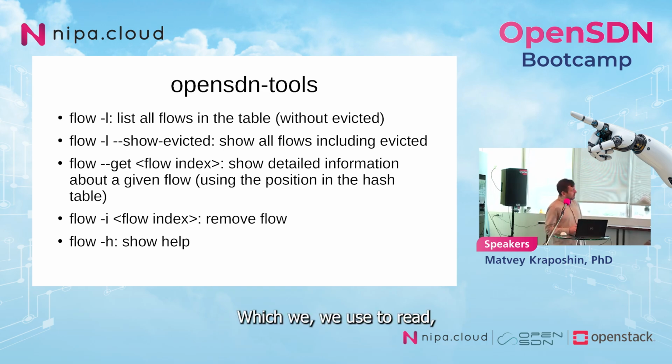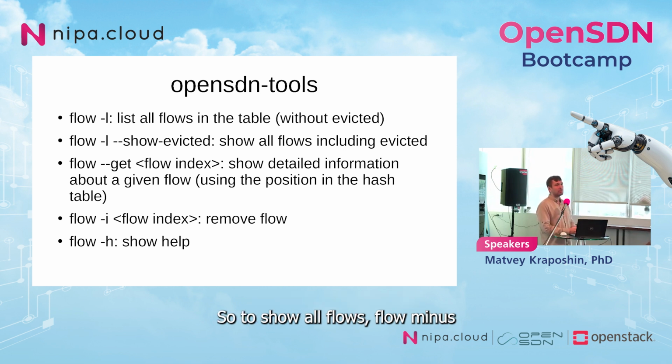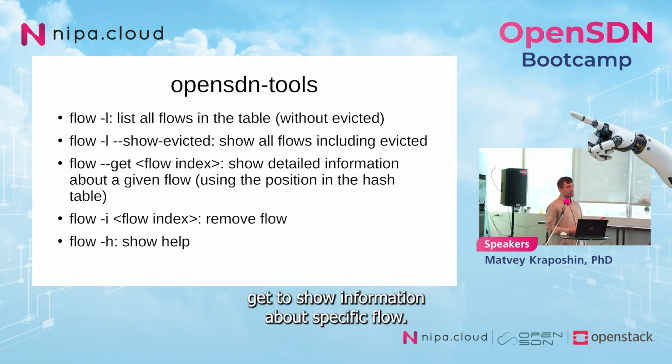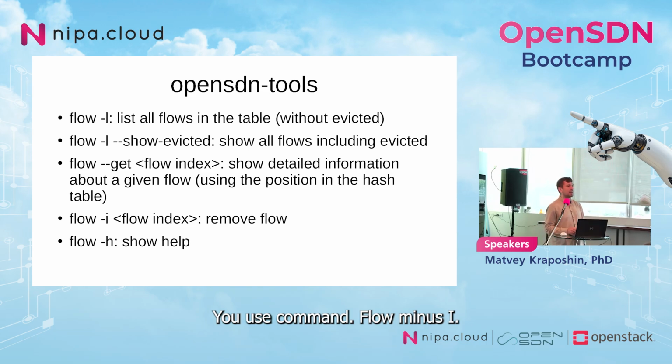Here is a list of commands which we use to read flows in the OpenSDN tools container. Usually we use flow -l to show all flows, flow -get to show information about a specific flow, and if you want to delete or evict a flow, you use the command flow -i.